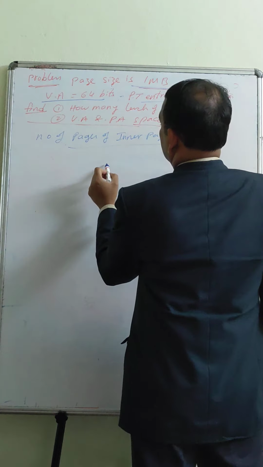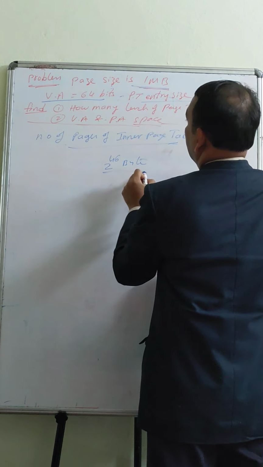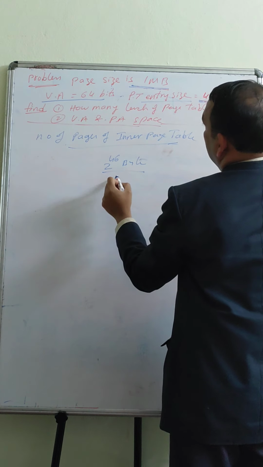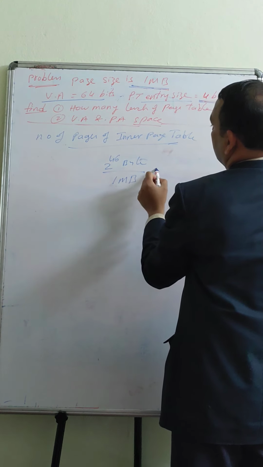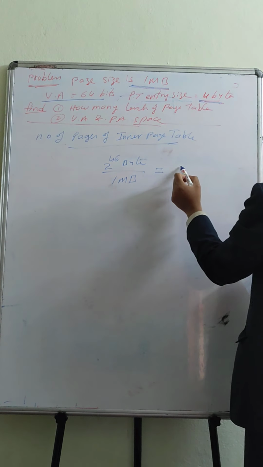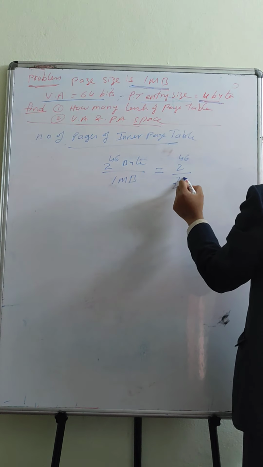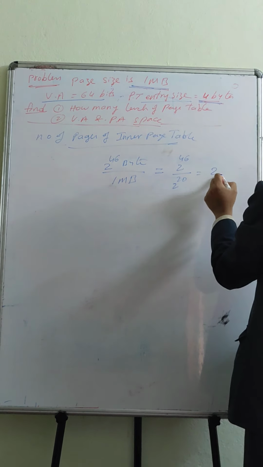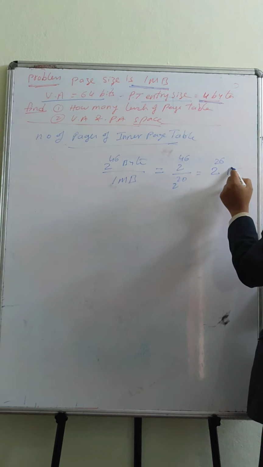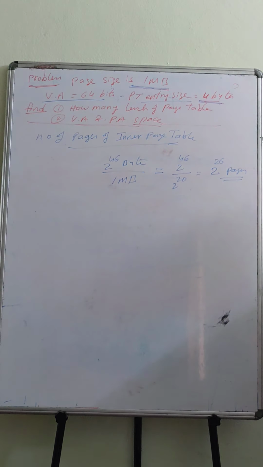That we divide by the page size. Page size is 1 MB. If we divide, 2 power 46 by 2 power 20 is equal to 2 power 26 pages. Okay, 2 power 26 pages.